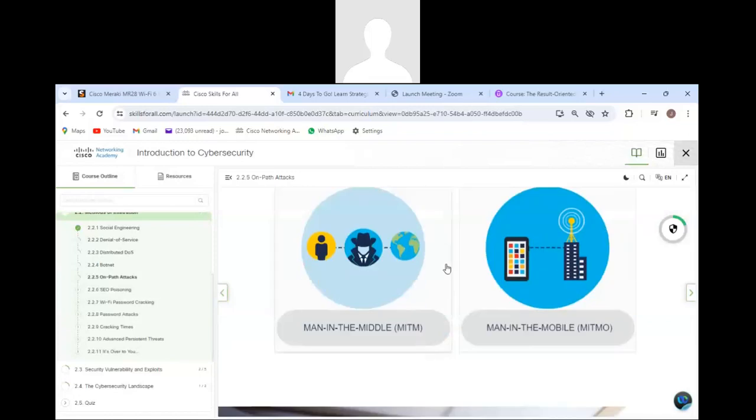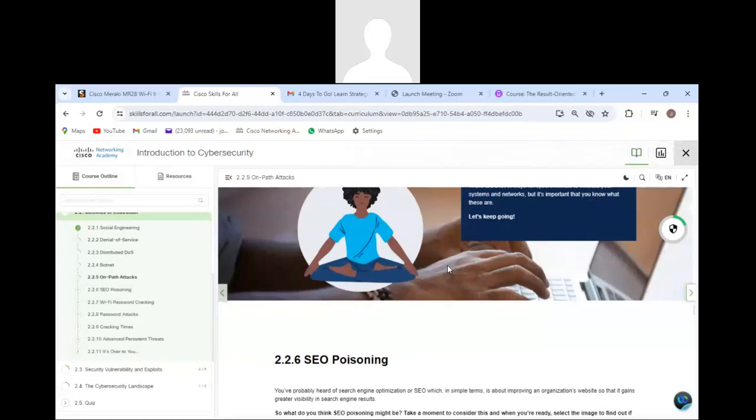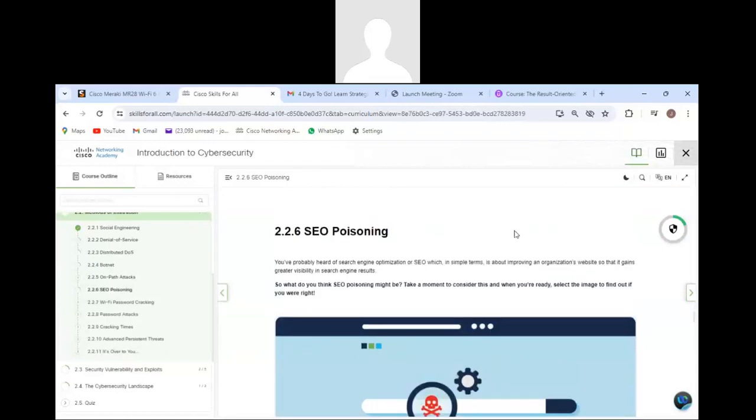We have on-path attacks as well: the man in the middle attack and the man in the mobile form of attack. And we have SEO poisoning. SEO is search engine optimization. When the name of your organization online is, for example, www.telltale.com, and someone is trying to search Telltale Nigeria Limited and you see tell_tale.com, in that case your SEO has been poisoned.